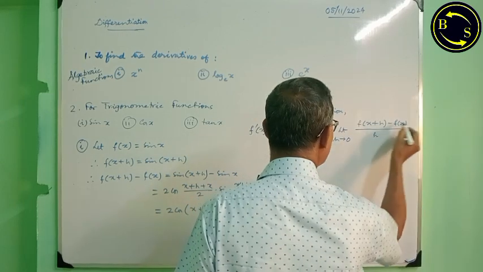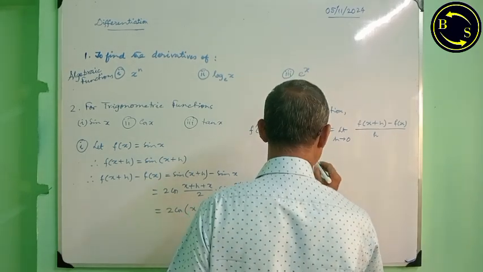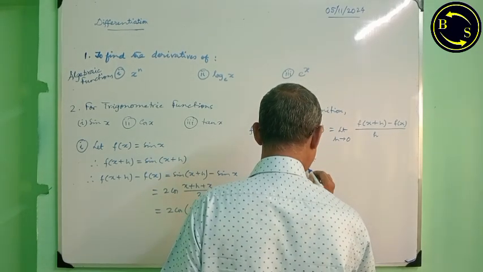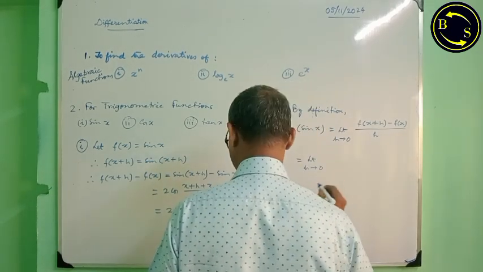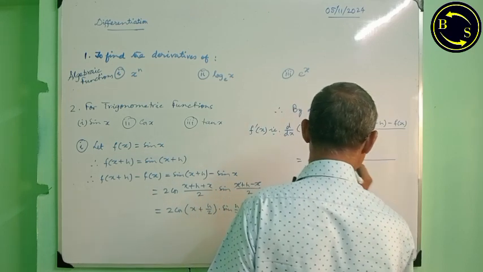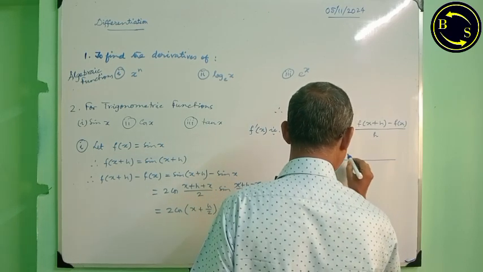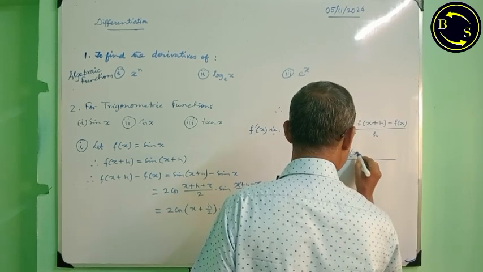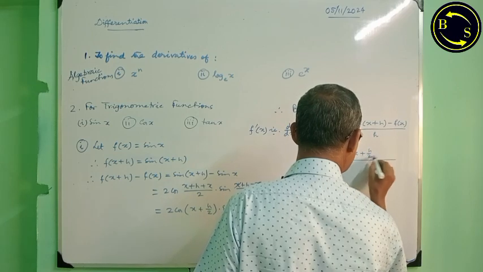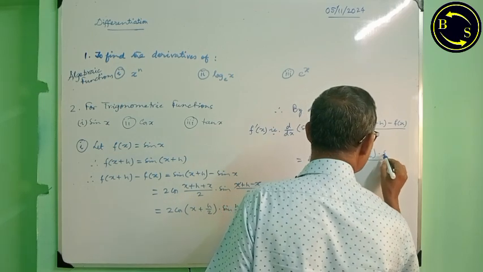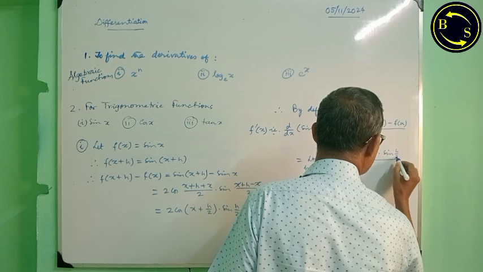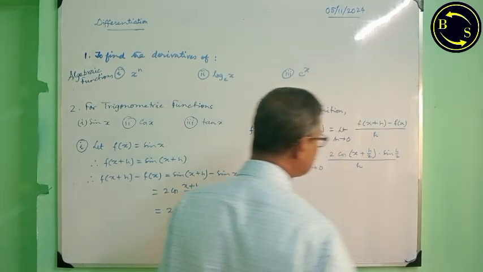Now I put the value, already I have got the value, limit h tends to 0 of 2 cos (x plus h by 2) into sin h by 2 by h.